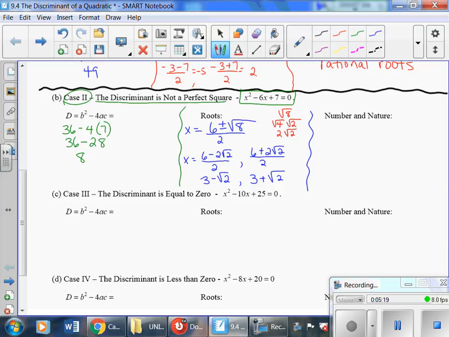So you can see here that this time, even though that wasn't that much harder, the nature of our roots, we still have 2 of them. So here we have 2, and they're still unequal, but this time we're going to have irrational roots. Remember, that's whenever we have anything left underneath a radical.